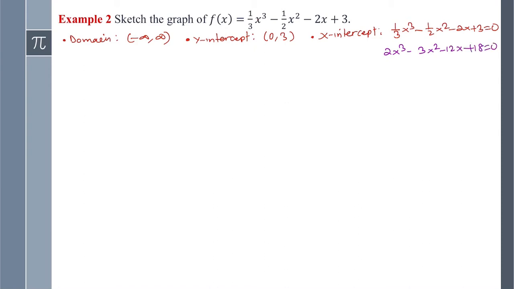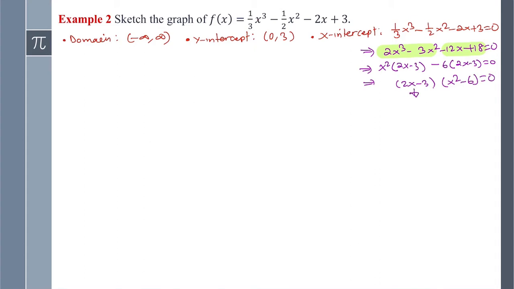Now we can factor this by grouping, so we'll group these two together and these two together. From the first one, we can factor out x squared, so I get x squared times (2x minus 3) minus, from the second one, if I factor out 6, 6 times (2x minus 3) equals 0. That becomes (2x minus 3)(x squared minus 6) equals 0.